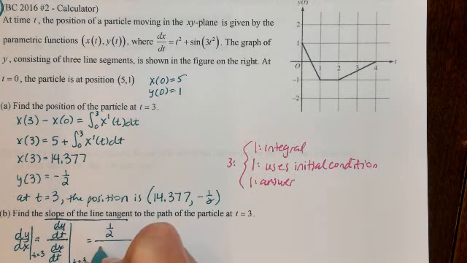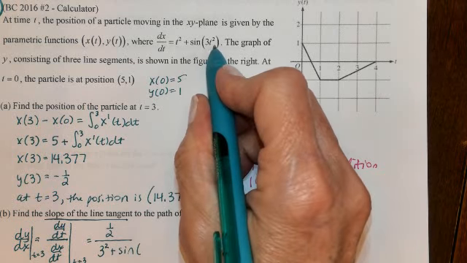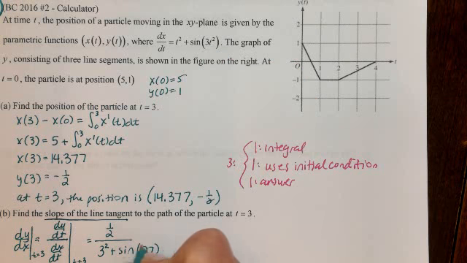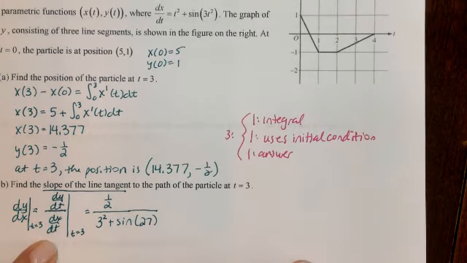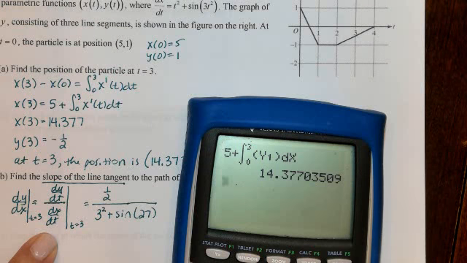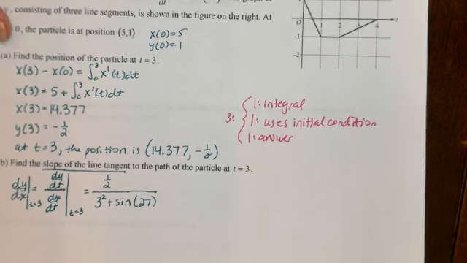So that will be 3 squared plus sine of 3 times 3 squared, so that's 27. And that would be a safe stop spot. If you can't stand it and you want to get a decimal, go get a decimal, but that's a safe stop spot. So I think I'm just going to leave it like that for this problem.